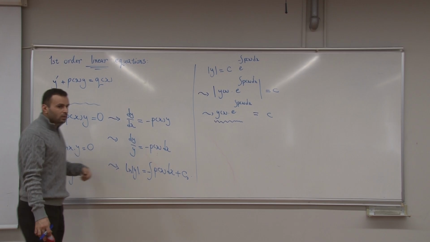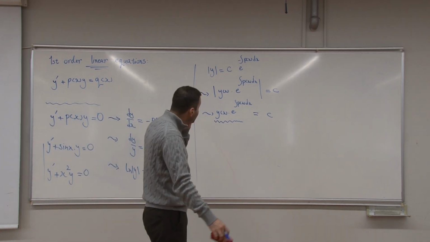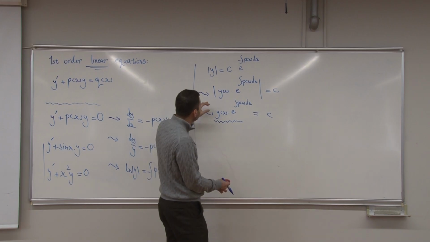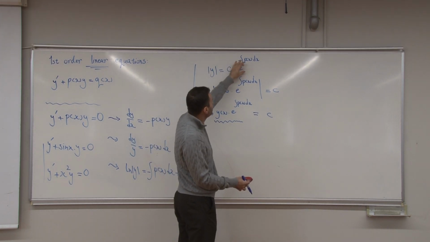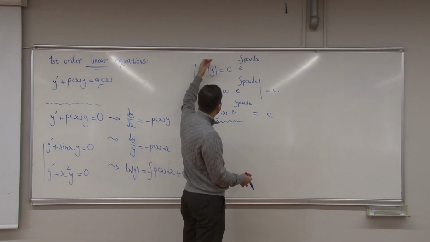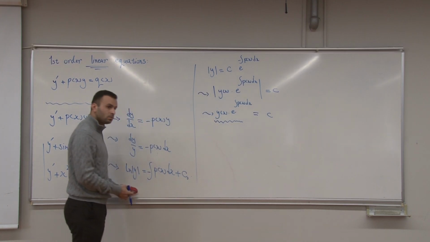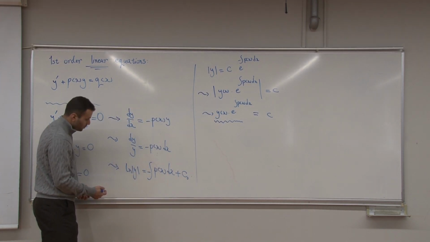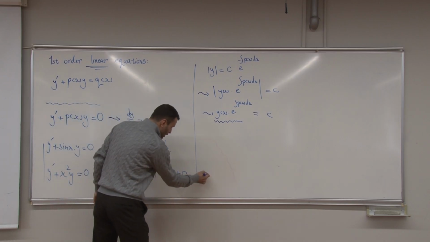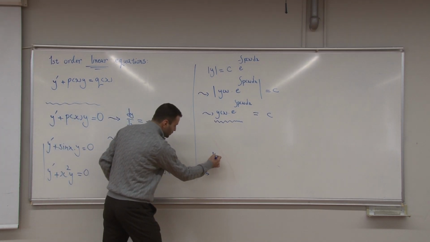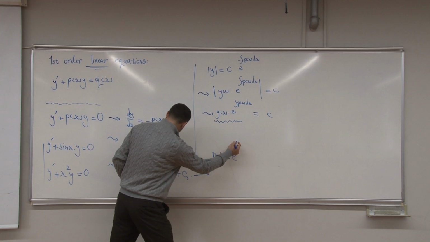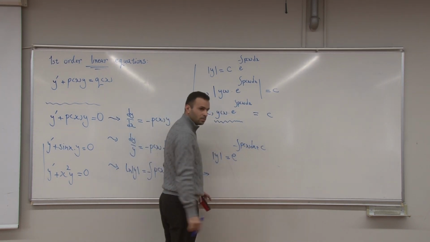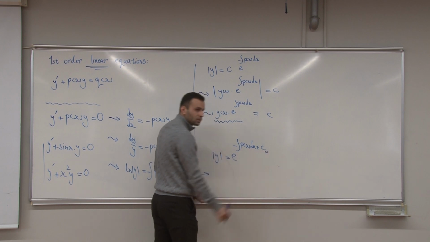Good. Can I ask? Yes, please. About the constant C: earlier, getting rid of the absolute value, we have done this, right? This is e to the power of minus the integral of p(x) dx plus c, let's call it c0.